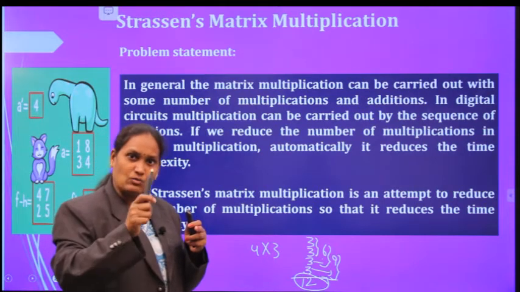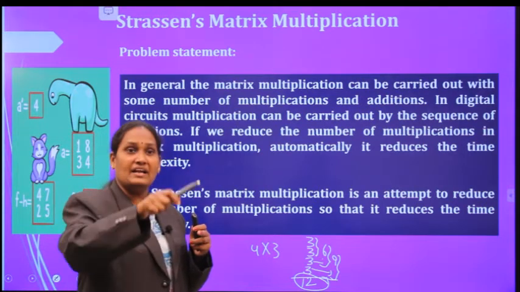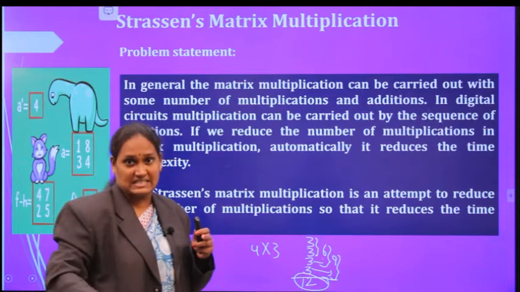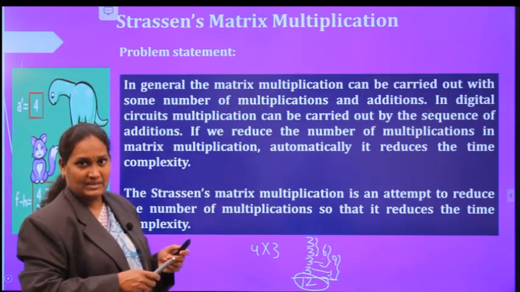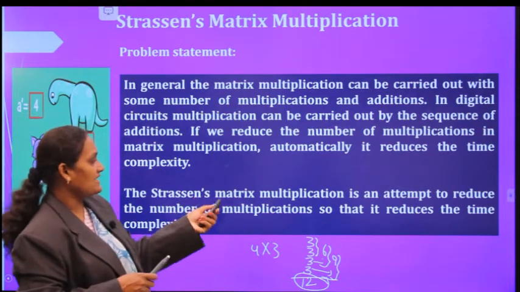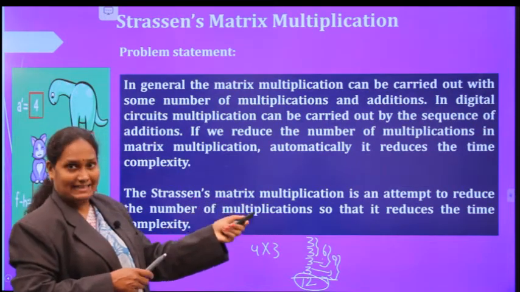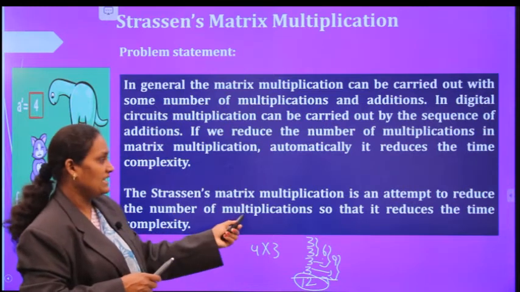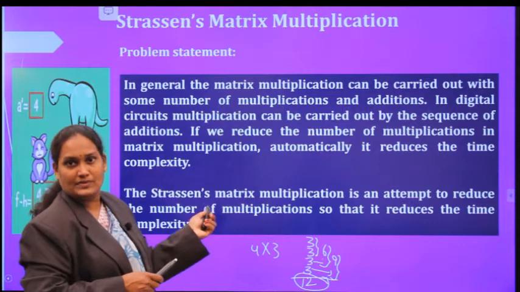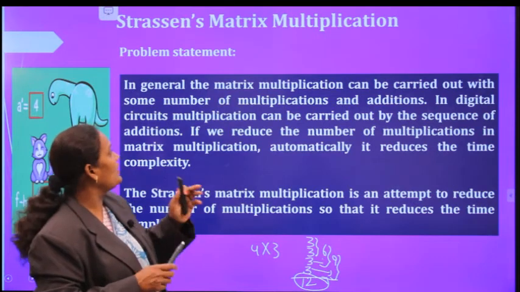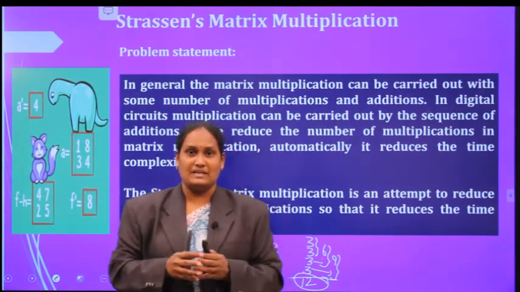So Strassen's matrix multiplication is an attempt to reduce the number of multiplications so that it reduces the time complexity of matrix multiplication. I hope you understood the problem statement of matrix multiplication.